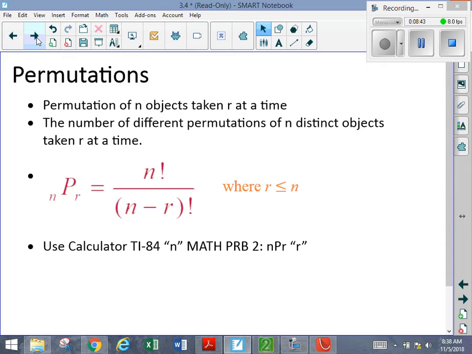For instance, with this team thing, we did how many different ways can you arrange 8 different things. But this would help us answer how many different ways can you arrange these 8 teams in first, second, and third? Pretty much, how many ways can you arrange 8 things 3 at a time.